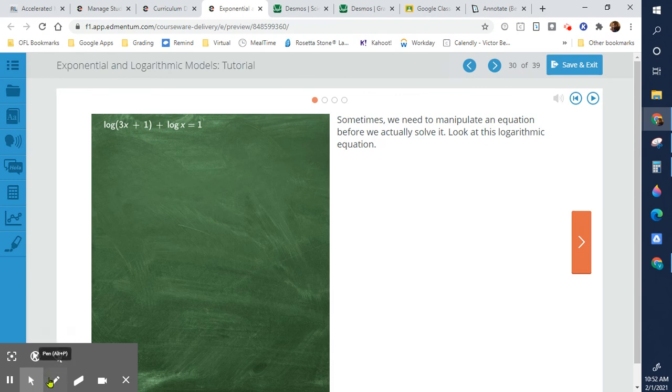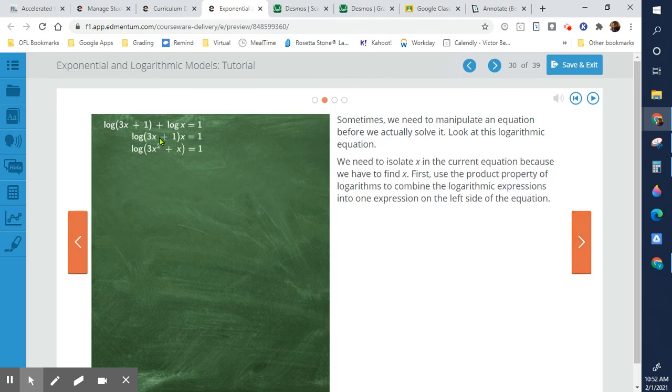Cool. All right. So the next thing we're going to do here is we're solving logs on both sides. So the easiest thing I recommend doing is recognizing that this adding of both logs with the same base, these are both base 10, means you're going to use multiplication. You're going to multiply these two.